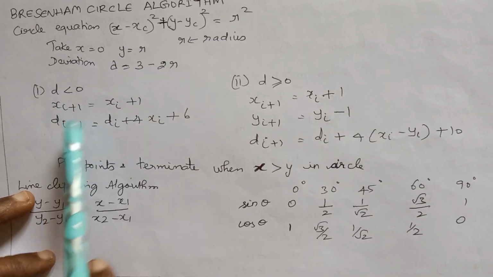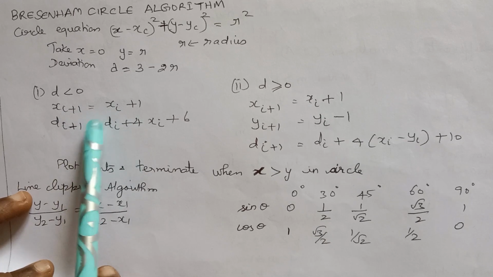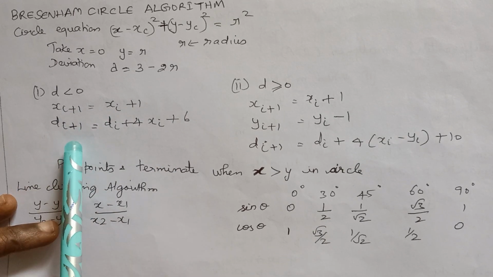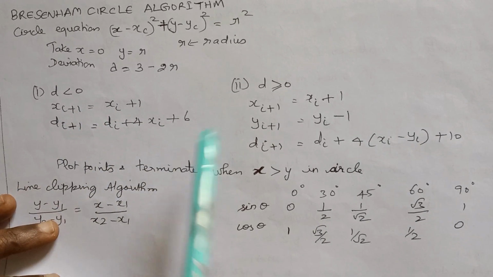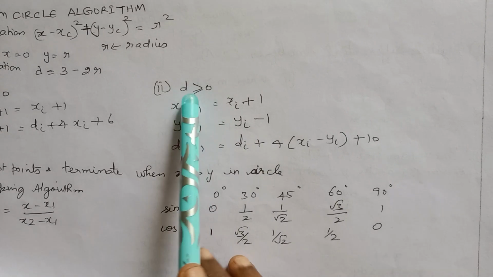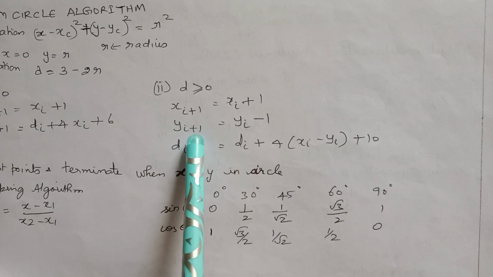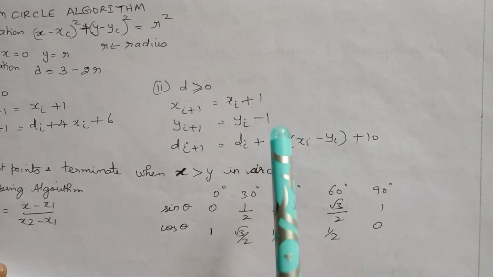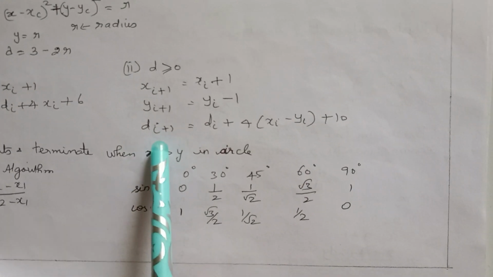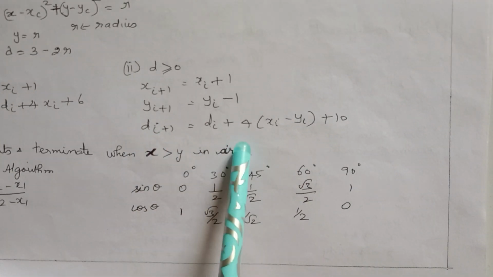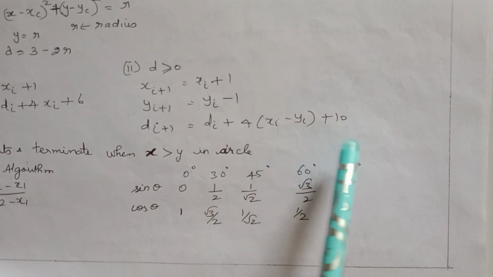When d is less than 0, then xi+1 will be xi + 1 and di+1 will be di + 4xi + 6. Similarly, when d is greater than or equal to 0, xi+1 will be xi + 1, yi+1 will be yi minus 1, and di+1 will be di + 4(xi minus yi) + 10.